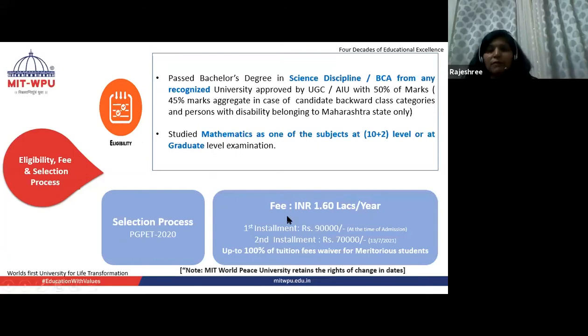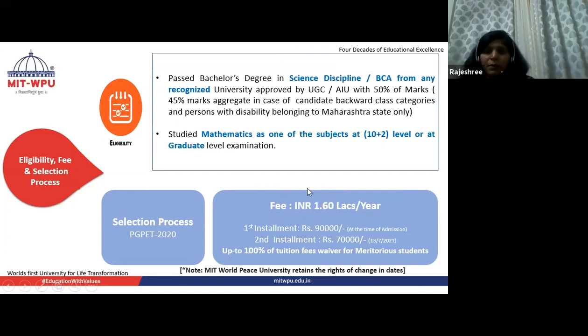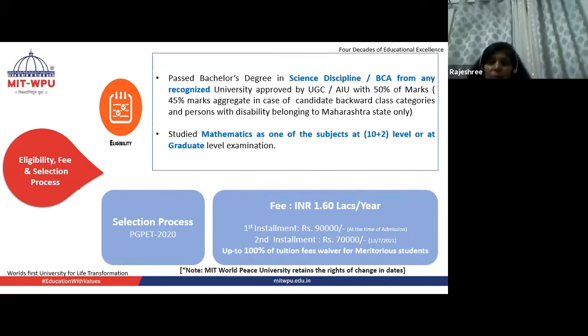Now, what about the fee structure? You may have a query or a doubt in your mind about the fee structure for this MCA program. For MCA under science, the fee is 1.6 lakhs per year, and you can pay this fee in installments. MIT-WPU gives you the opportunity to pay in two installments, the first installment and the second installment.